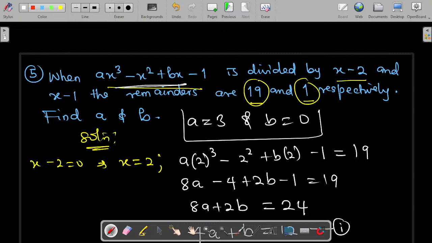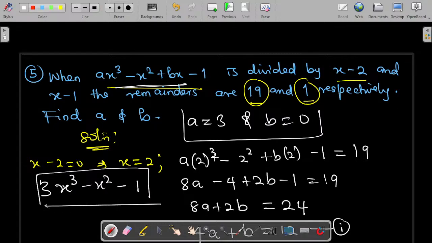And like I said, you can always do a check for all of these things. If you put back a as 3 here, you have 3x raised to power 3 minus x squared. Your b is 0, so this will go away. So you have minus 1. So you should try to divide this by x minus 2 and see if your remainder will be 19.